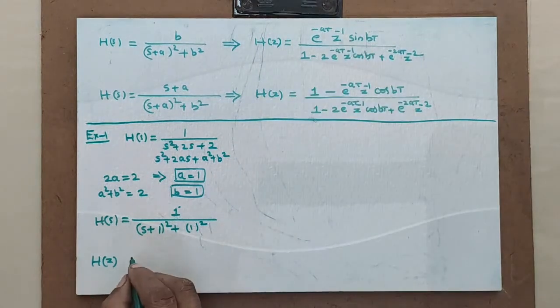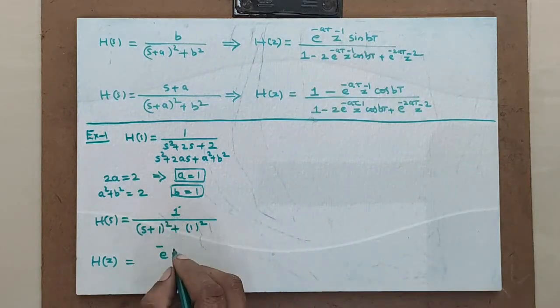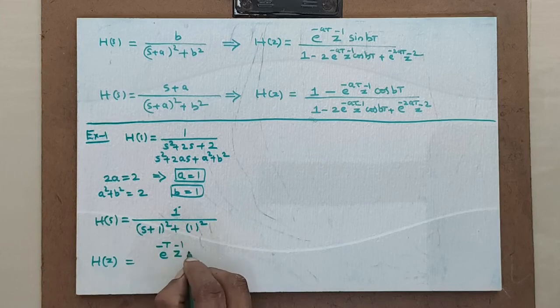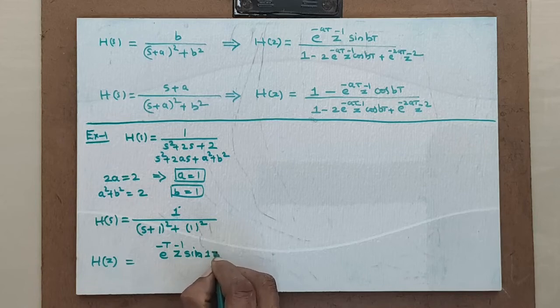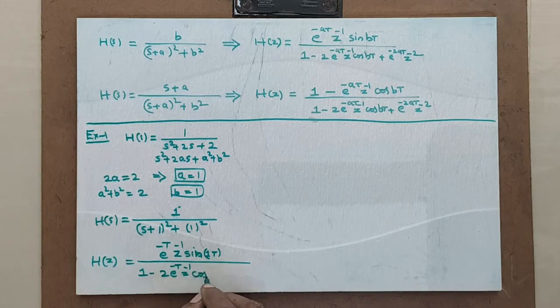I know already the answer. H of z, I can write it as e raised to minus at, a is 1, hence it is t, z raised to minus 1 sin bt, b is 1, hence 1t, whole divided by 1 minus 2 e raised to minus at, z raised to minus 1 cos bt, b is 1, hence it is cos t, plus e raised to minus 2a, a is 1, 2t, z raised to minus 2.